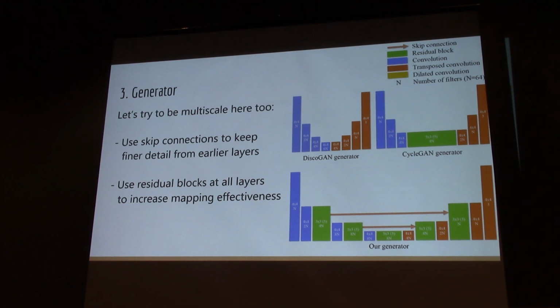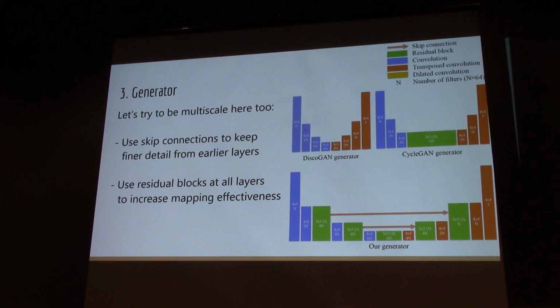We have a narrow bottleneck in our generator. So there's those three things that we do. We use a slightly different loss, where we introduce this multi-scale structure similarity. We have dilated convolutions in the discriminator that expand the receptive field, but still give us a similar cost computationally. And then we add these skip connections and more res blocks to the generator.